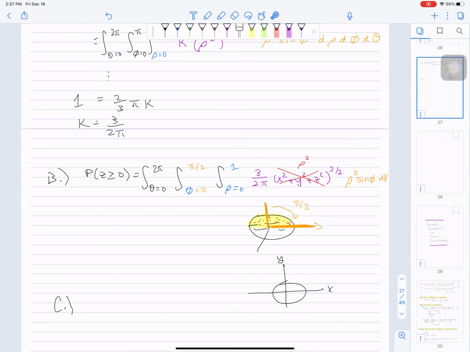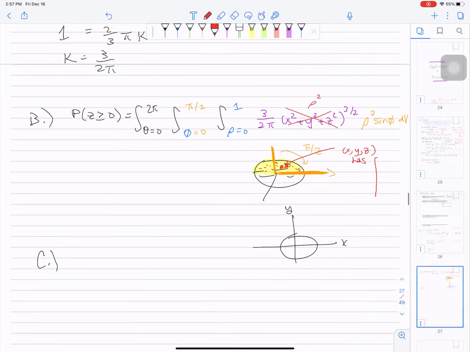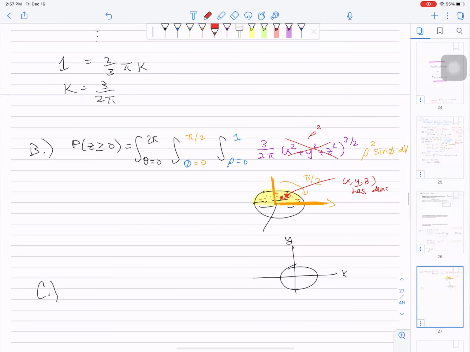And so at points in the top, for example, at this random point x, y, z, it has some density. Let me call it b.